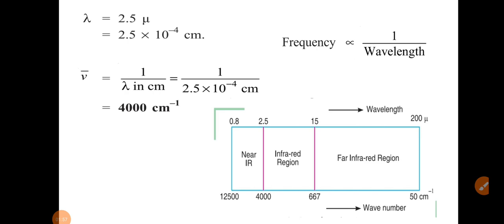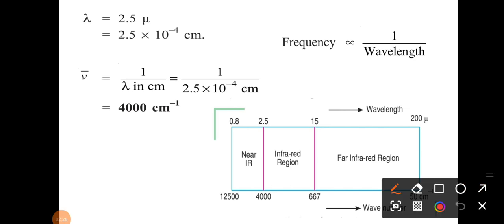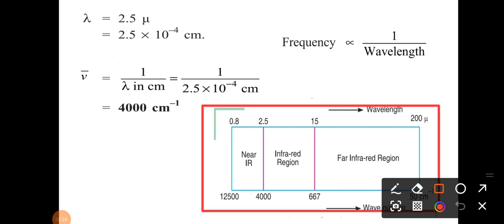That is also very important. The unit for the wave number is centimeter inverse, and generally the wave number is the basic unit that we use in IR spectroscopy, infrared spectroscopy. Lambda and wave number are reciprocal of each other. What about the frequency? Frequency is inversely proportional to the wavelength. Here is a small table that we are discussing: 0.8, 2.5, 15 and 200 micron, that is the wavelength.